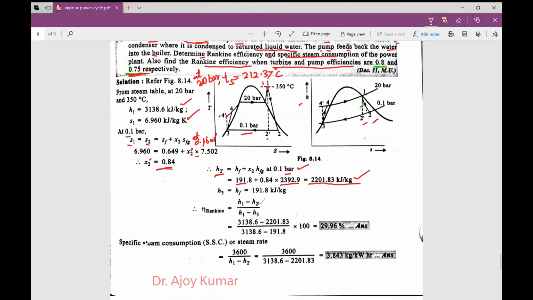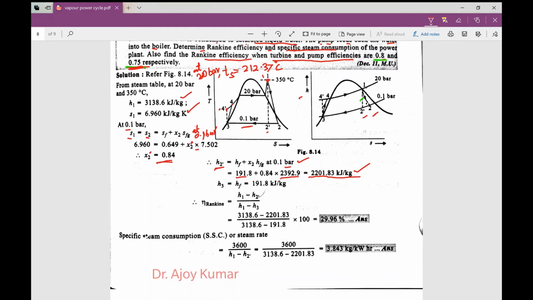Right? Now dear students, in this numerical, the Rankine efficiency is given when turbine and pump efficiencies are 0.8. So the turbine efficiency is given as 0.8. Also find the Rankine efficiency when turbine and pump efficiencies are 0.8 and 0.75.